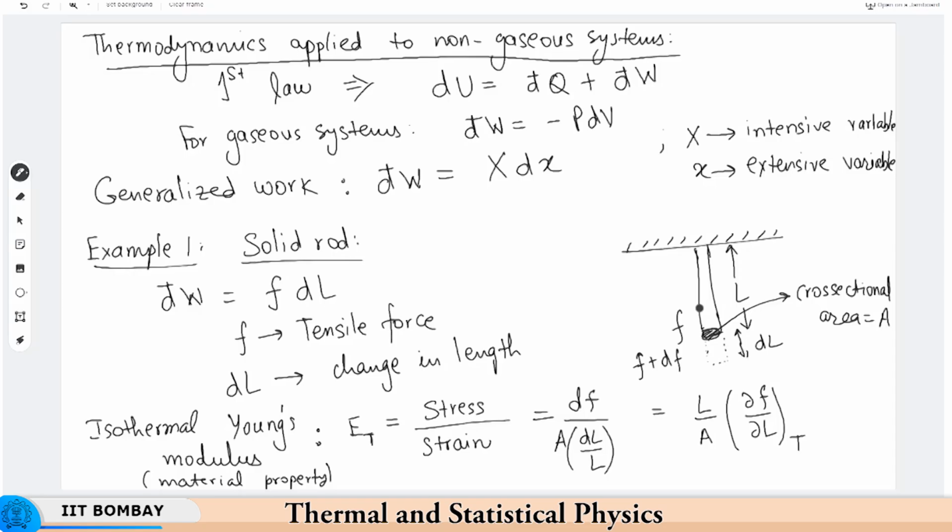It depends upon how these atoms or molecules interact with each other and so on. So, this is really a material property, which is very useful when we use these objects for various applications.